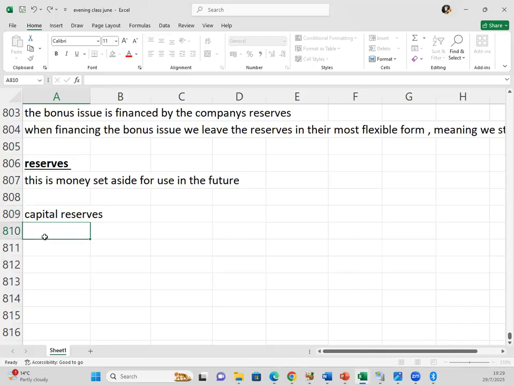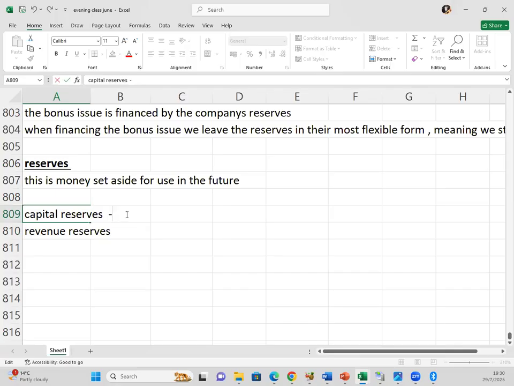And we have reserves which are called revenue reserves. If it's a capital reserve, it means this money we have not set aside because we want to, but because the law requires that you set this money aside. For example, you should have money set aside in the event that the company is to liquidate.